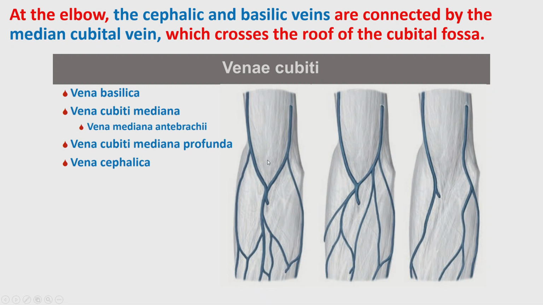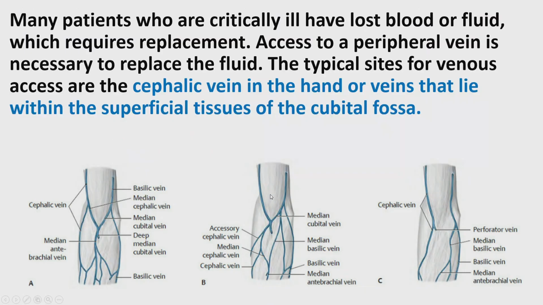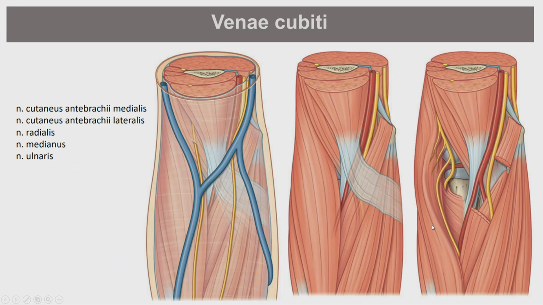So there is one vein here which is called the deep median cubital vein, a perforating vein, which in most cases connects not only basilic and cephalic together, but also connects these two superficial veins to the deep veins in the cubital region. Here is the deep median cubital vein in this region, and here is the perforating vein.